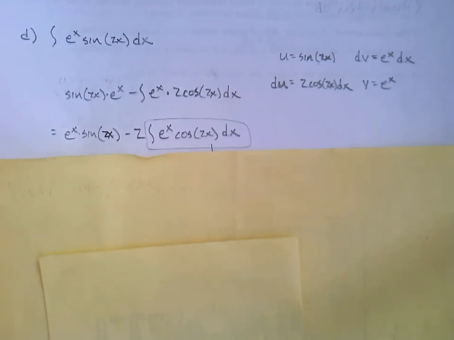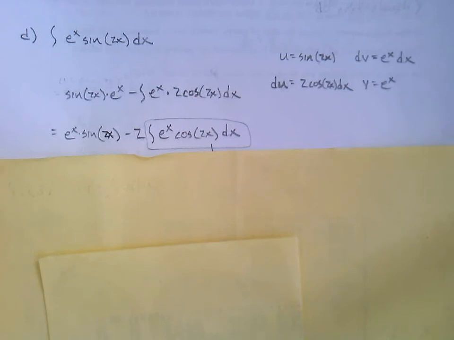Well, no. Sine becoming cosine is not harder. If it didn't get harder, we're actually going in the right direction. Usually it will get easier, but there's something about this problem that is kind of strange, and it's a good thing for us to highlight.